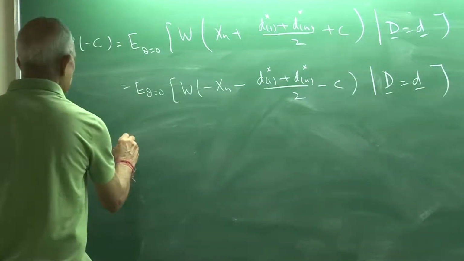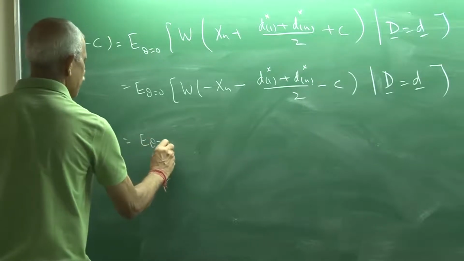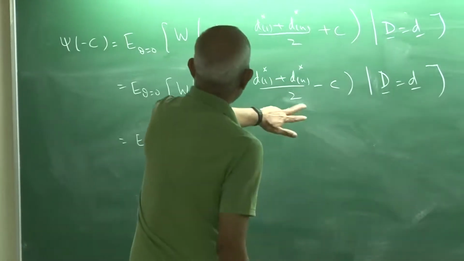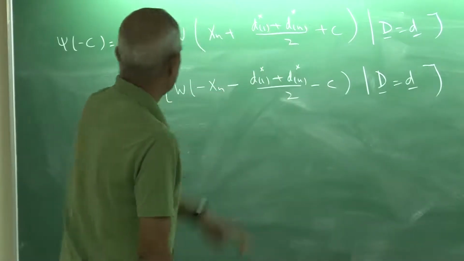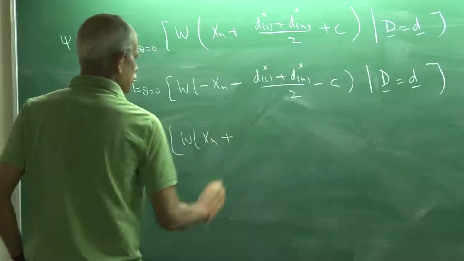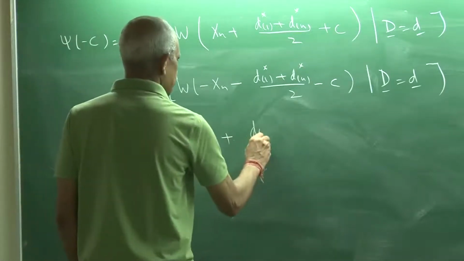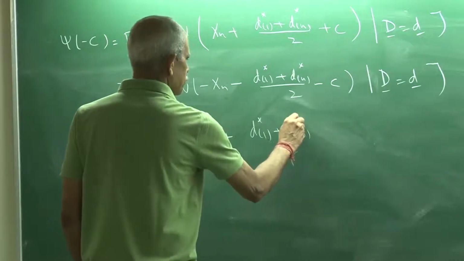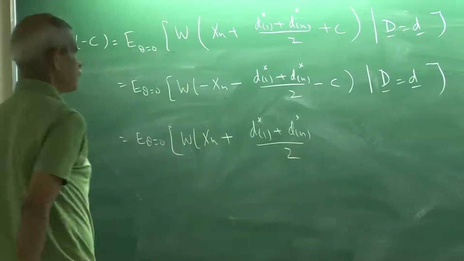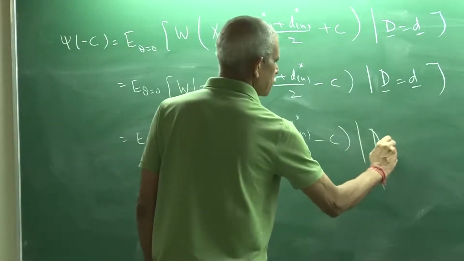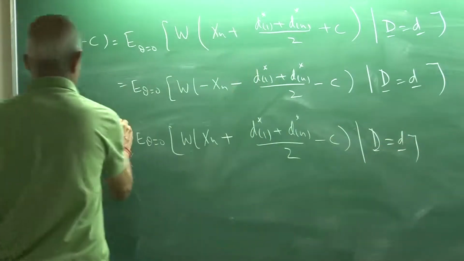Now, if I can show that this is the same as, I replace this by xn plus d1 star, so if I show that this is the same as this, I am putting a question mark over here.